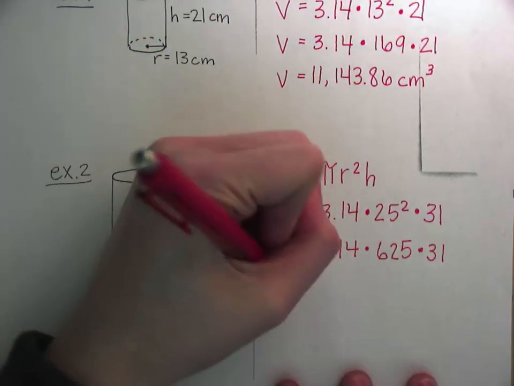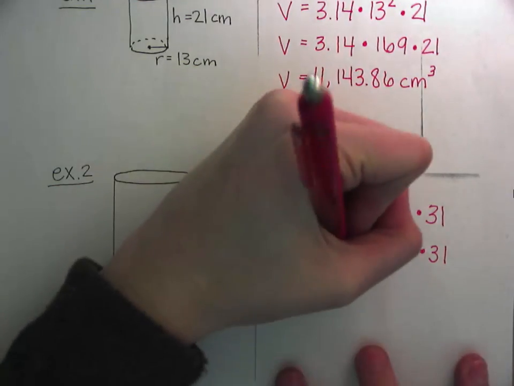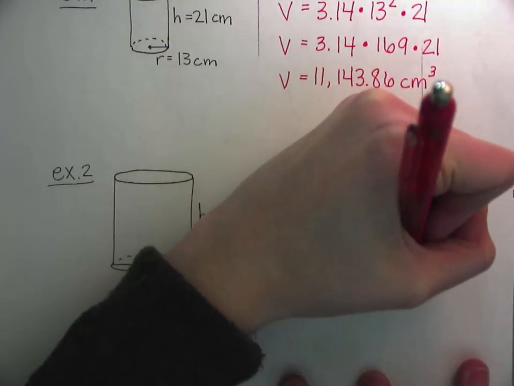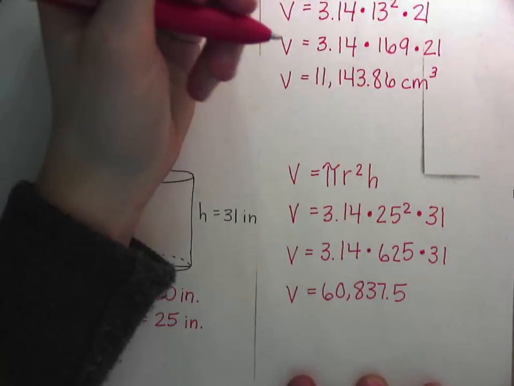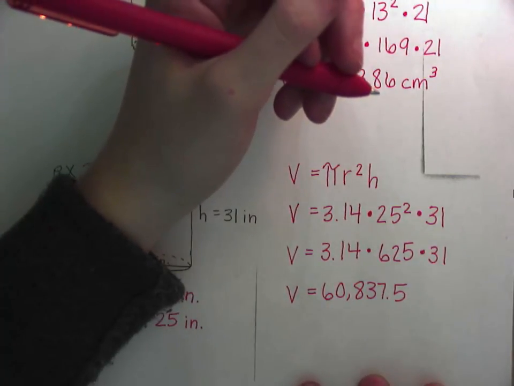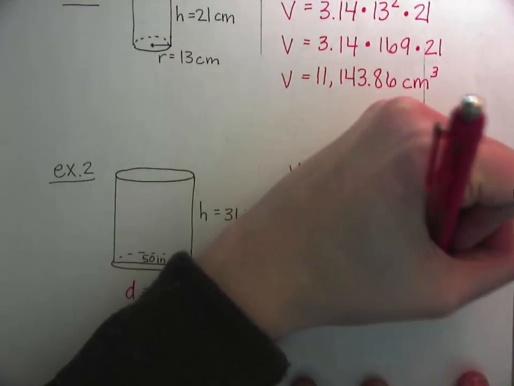Multiply them all together. All right. And when I multiply all of those together, what do I get, Maddie? 60,837.45. How do I write my units? Preston? Inches cubed. Good.